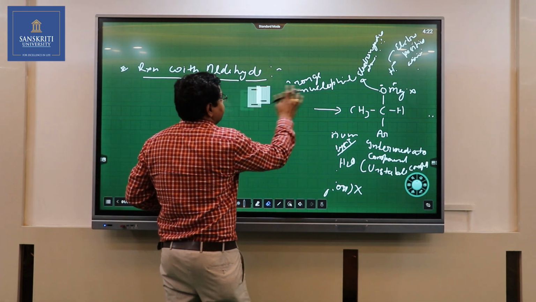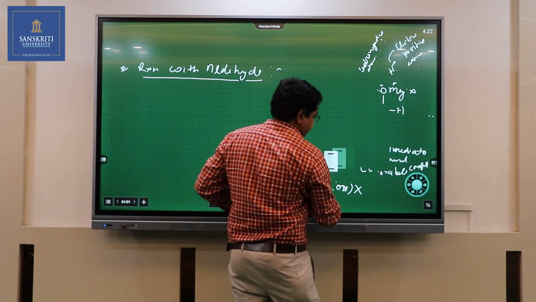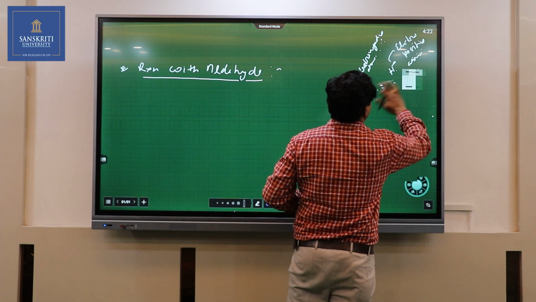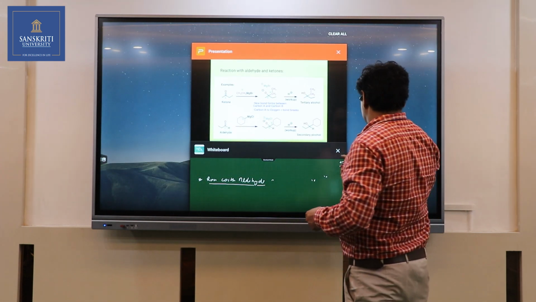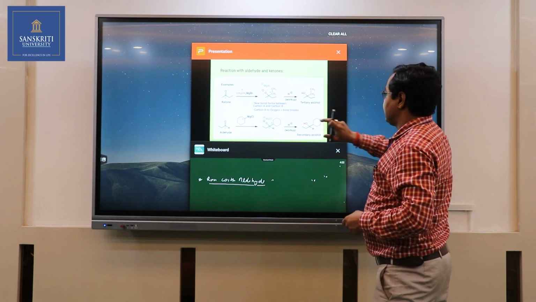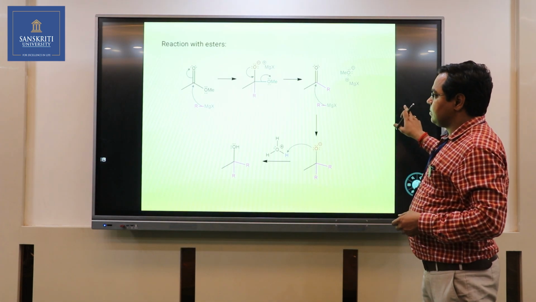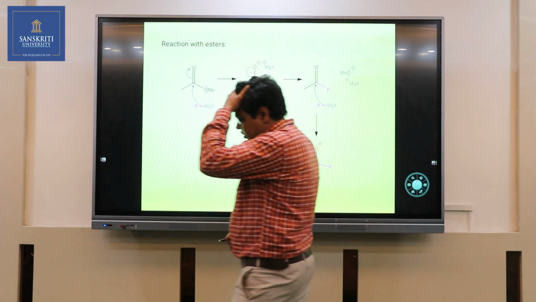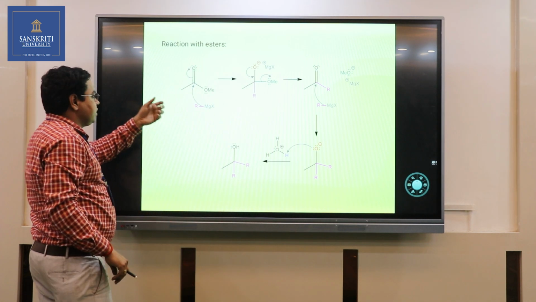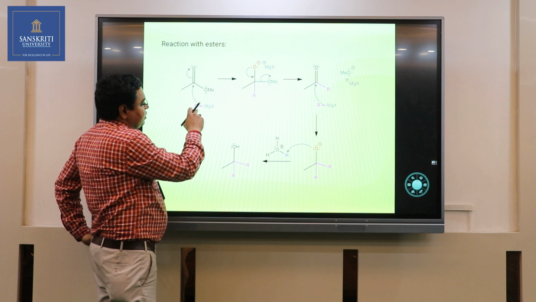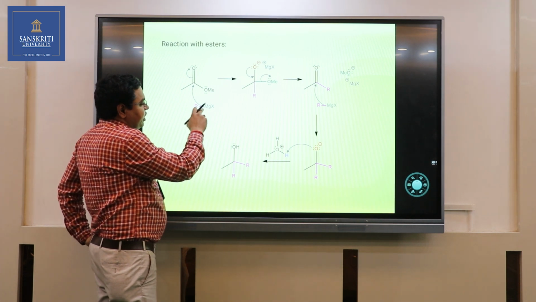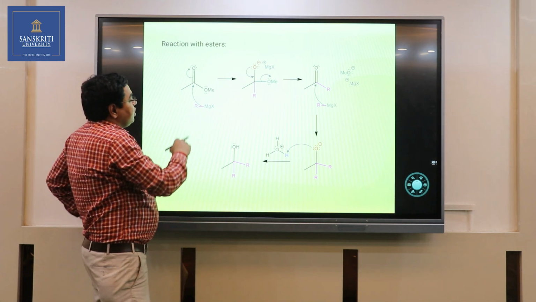So we will discuss the next application of Grignard reagent: reaction with esters. Here RMgX represents the Grignard reagent.